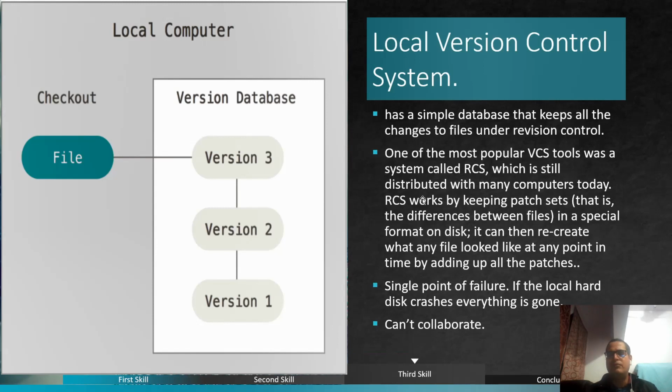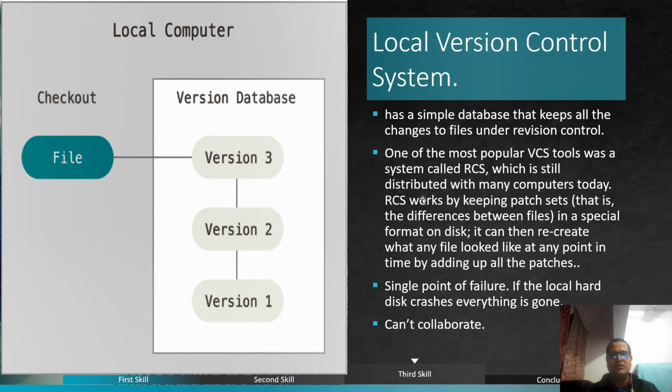One of the most popular VCS tools was called RCS, which is still available. It works by keeping patch sets, or the deltas or differences between files, whatever you call them, in a special format on disk, and it can then recreate what any file looked like at any point in time by adding up all the patches.